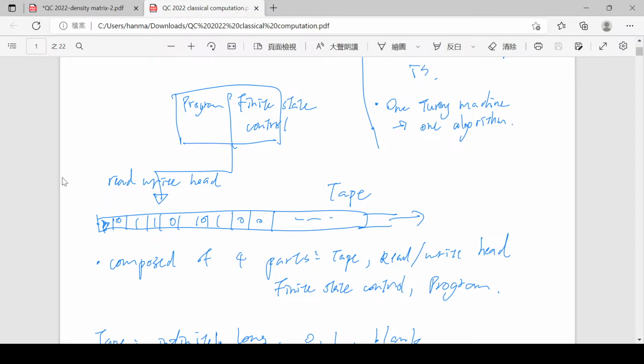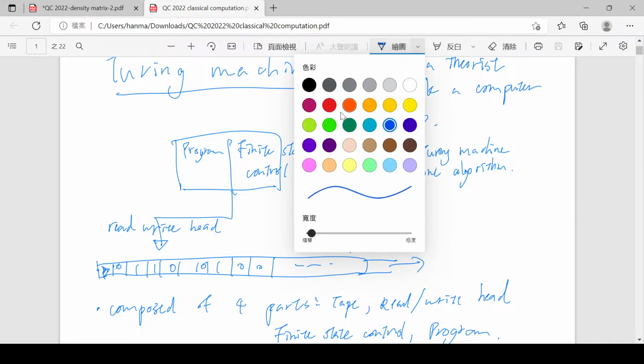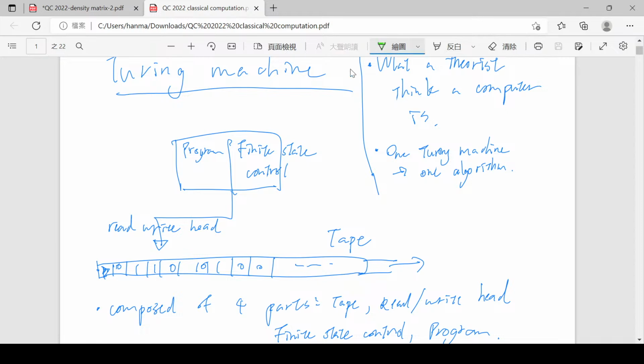And a Turing machine looks like this. There is your machine here, and it has some program that says if you see something, I will do something, and there is some memory that does finite state control, and there is a very important part, which is this read-write head. You can move it along this tape.